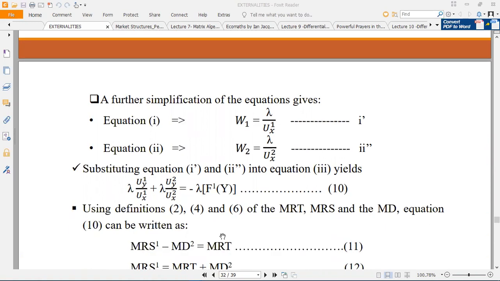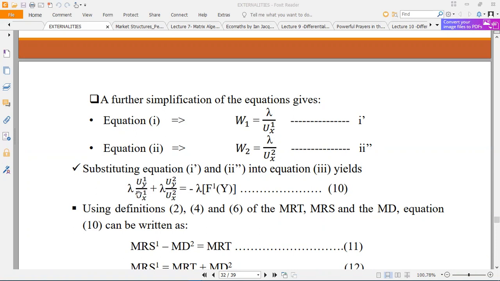Now, if you go back to the equations, equation 4, the marginal rate of substitution for individual 1 was U1Y over U1X. And if you remember the marginal damage, I think that was equation 6. U2Y over U2X was the marginal damage, and negative F prime of Y was the marginal rate of transformation. Now from here we can get rid of lambda. We divide through by lambda, and it goes away.